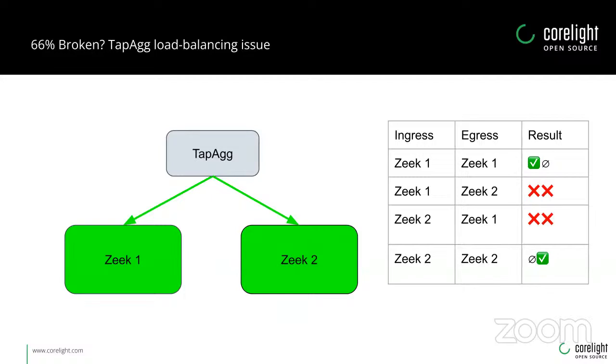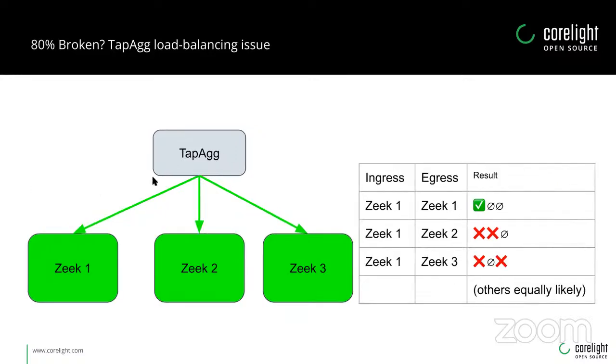I was actually on a call this week where we had this problem, but the math wasn't quite working out, and I was a little confused why. And then I realized it was because they had 3 sensors in the group, not 2. In this case, you have 4 broken connections for every 5 connections that are logged, because there are just more sensors that things can get load balanced to.